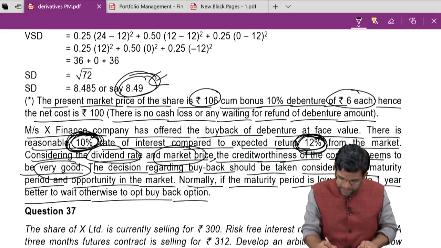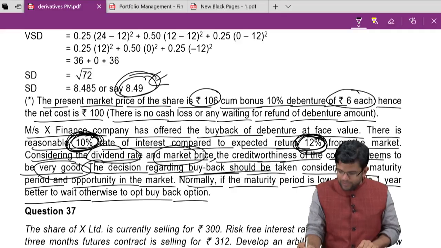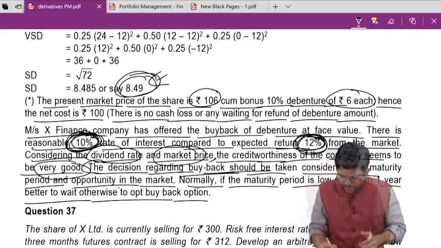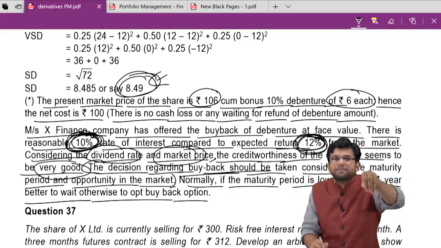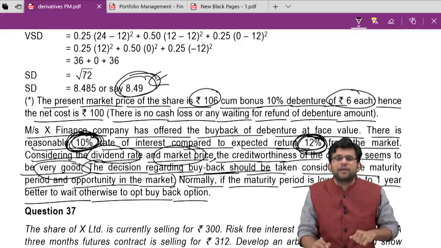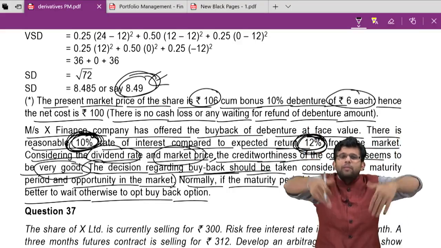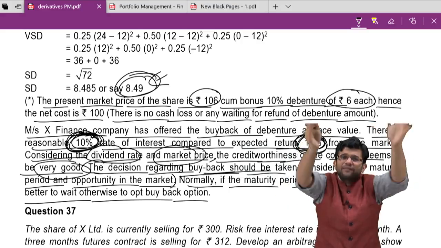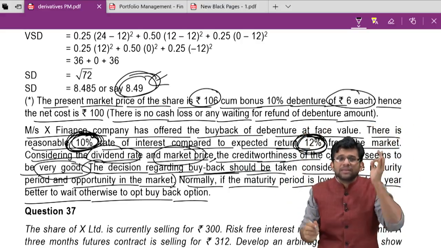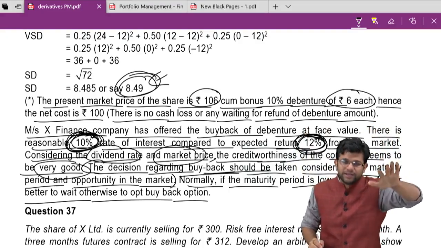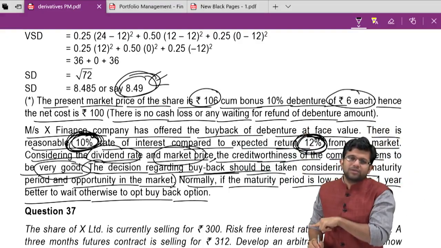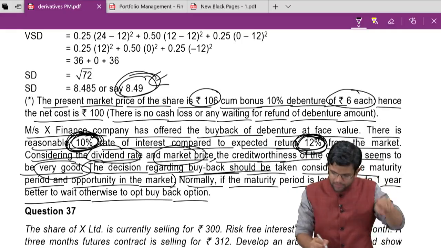So they are saying the decision regarding buyback should be taken considering the maturity period and opportunity in the market. If you want to accept the buyback offer, accepting the buyback offer means what? I tell the company, no problem, take this debenture back that I have and give me my 6 rupees back. This should be accepted only and only taking into consideration opportunity cost outside and the maturity period.